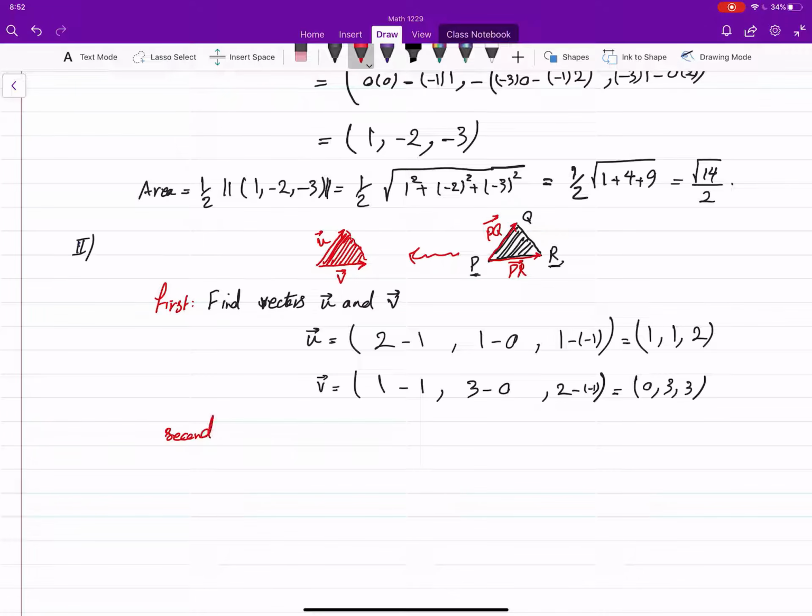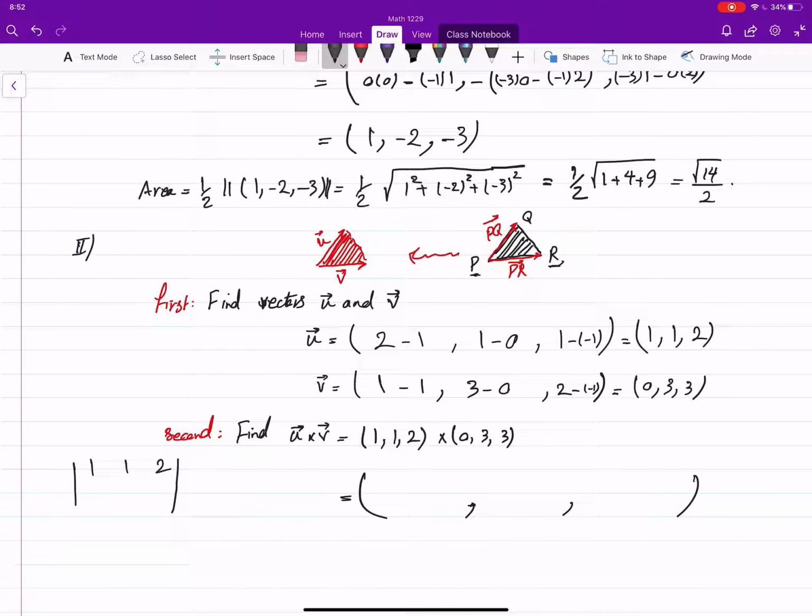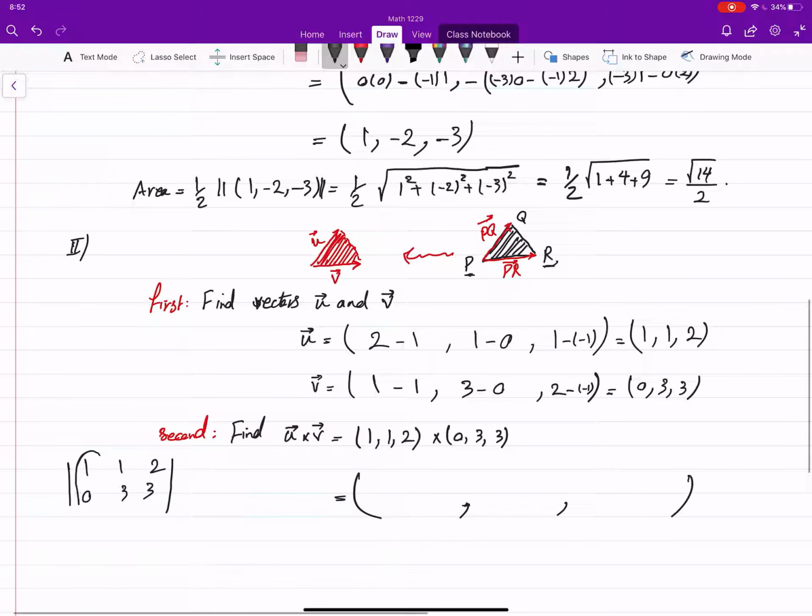The second step is that we need to find the cross product. Find u cross v. It means that I have to find (1, 1, 2) cross (0, 3, 3). And this is a vector with 3 components. How do we find that? Put 1, 1, 2 in the first row, 0, 3, 3 in the second one. Then ignore the first column.